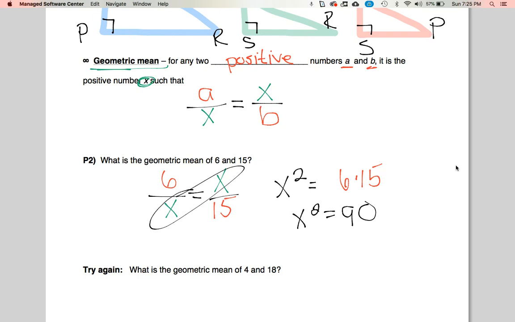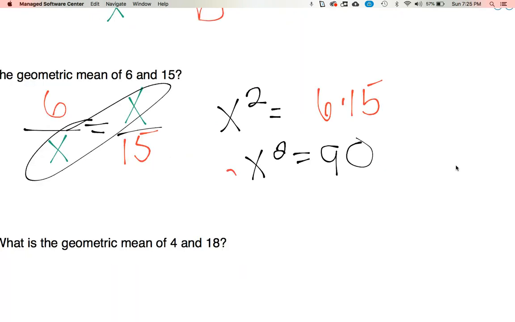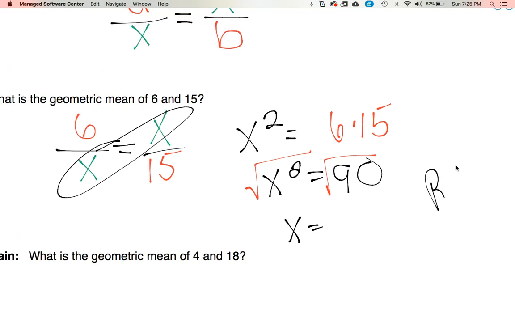And then to solve for x, we take the square root. So x equals, now we don't want a decimal. We're going to practice an algebraic skill here. We want to simplify the square root of 90. Now, yes, it can be written as a decimal, but it's an irrational number because 90 is not a perfect square. So we're going to take a break right here and review simplifying these.